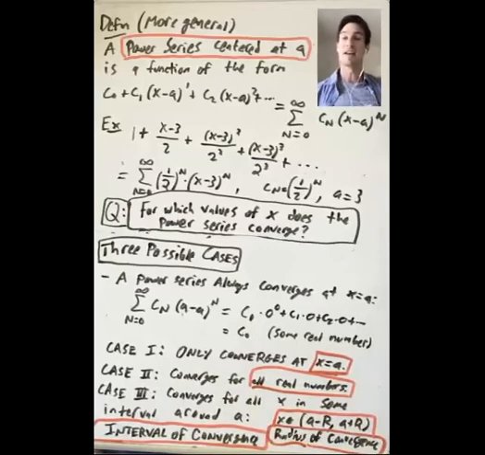Something like that. If you put in a number close to a, your series converges, and if you put in a number far away from a, your series diverges. This case is of the most interest to us. This interval, the real numbers where your series converges, is called the interval of convergence.